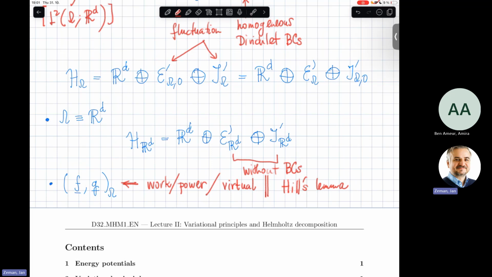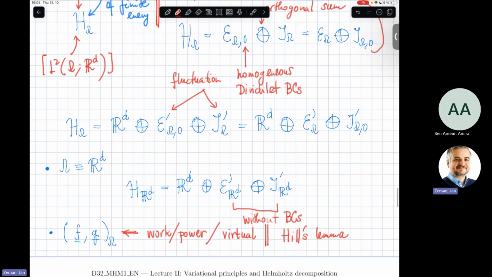which actually says that the virtual work done by constant fields is the same as the work done by the fields which happen in the body, roughly speaking. But if you just translate it into this term, this is precisely it.